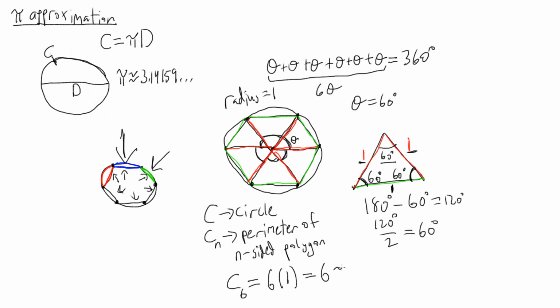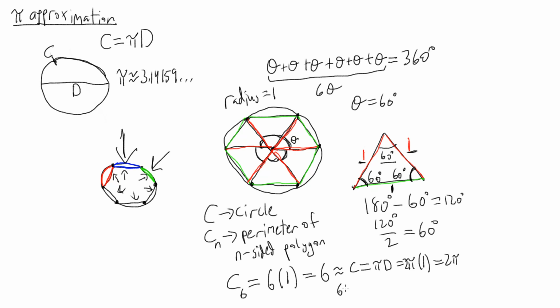So this is approximately C, but we know that the circumference of a circle nowadays is pi times the diameter, but the diameter is twice the radius. So in this case, we just get 1, and then multiply by a 2, because we have to multiply by 2 times the radius. So this is 2 pi.